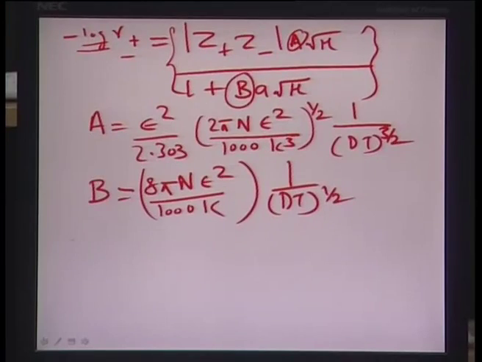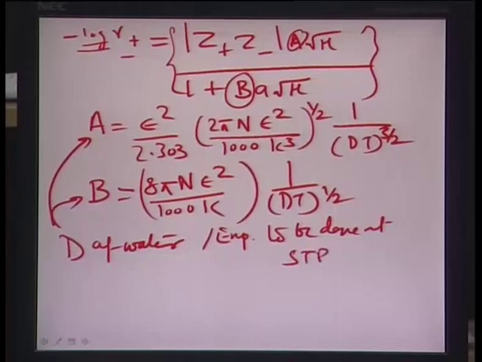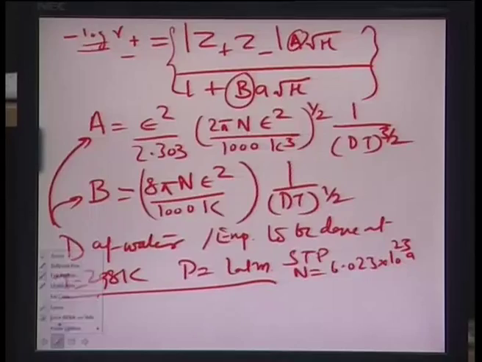So, if we put the value of the dielectric constant d of water in these expressions A and B simultaneously, and consider the experiment to be done at STP, standard temperature and pressure, so 298 Kelvin, 1 atmosphere pressure, this type of condition. And then of course, N's value is a universally accepted fixed value, 6.023 × 10^23, of atoms or molecules or charges, as in this case.